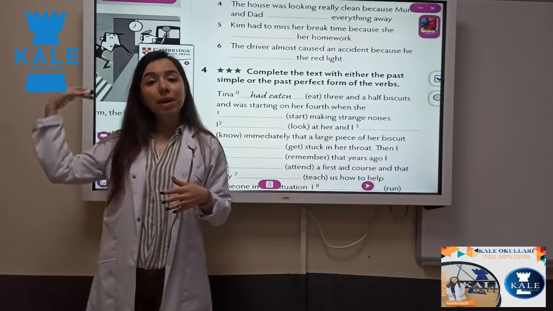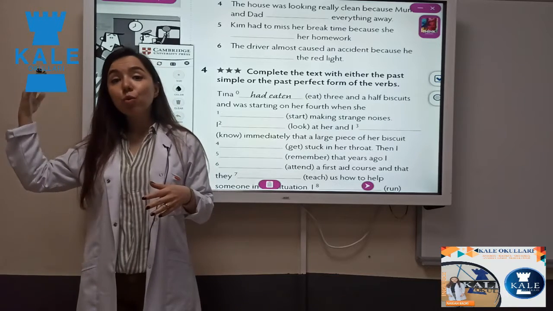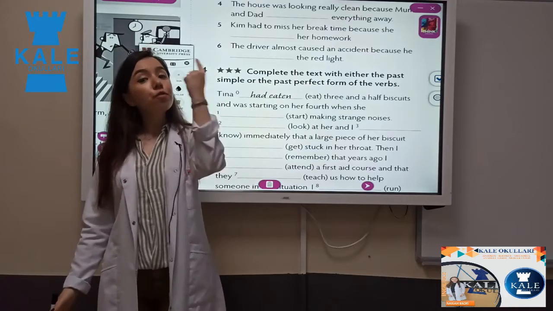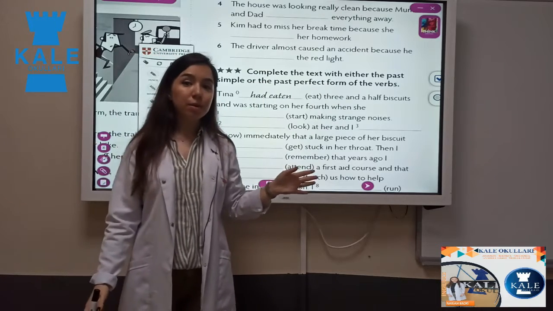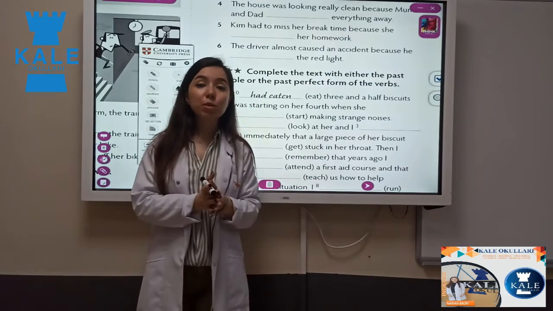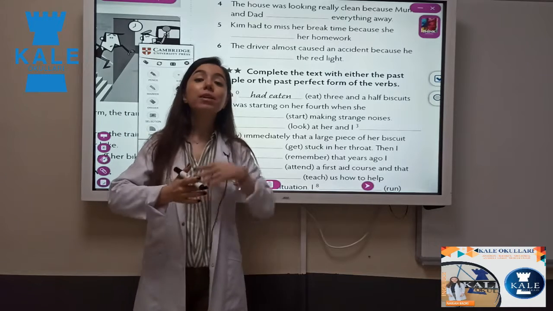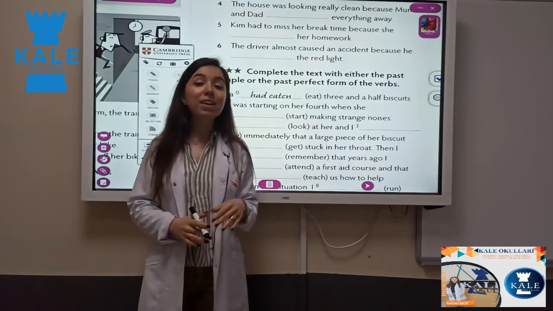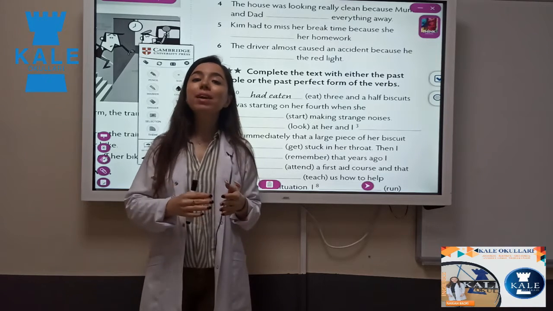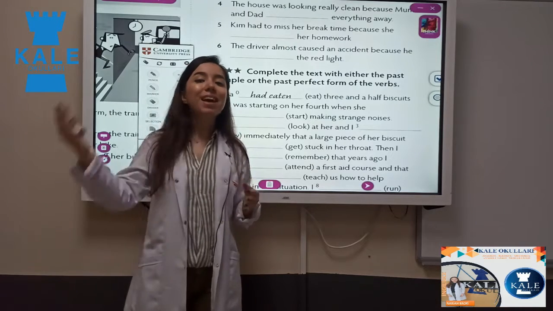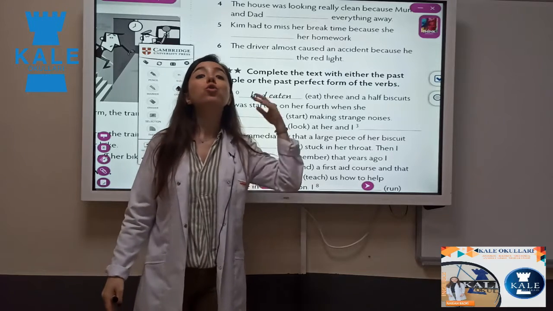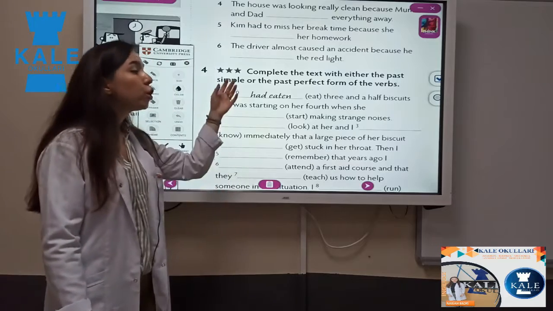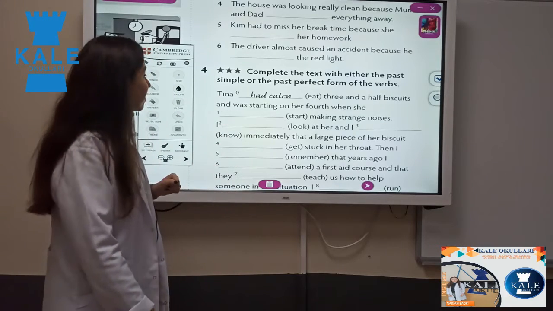But one happened before the other. I had been in Spain before she came. So first I had been there, then another person came. So this is the past perfect simple, an action that happened before another action in the past. Both of them finished, both of them in the past, but one before the other. Maybe 1 hour before, maybe 10 days before, maybe 20 years before, but something happened before another action. You will understand it better by doing these exercises.